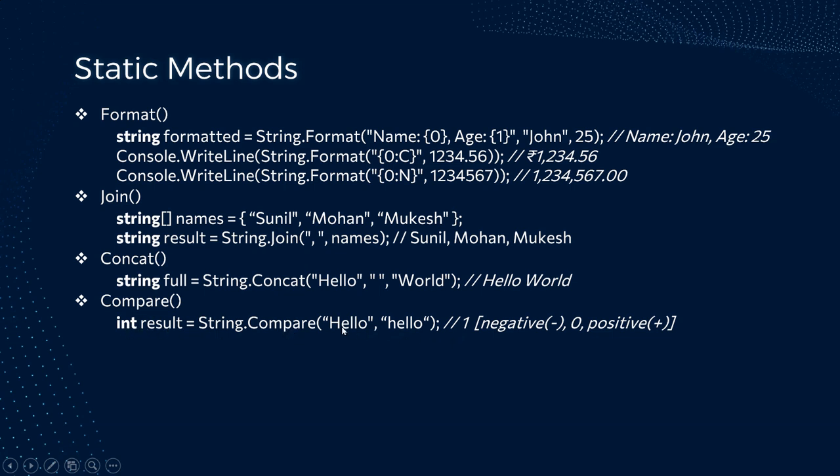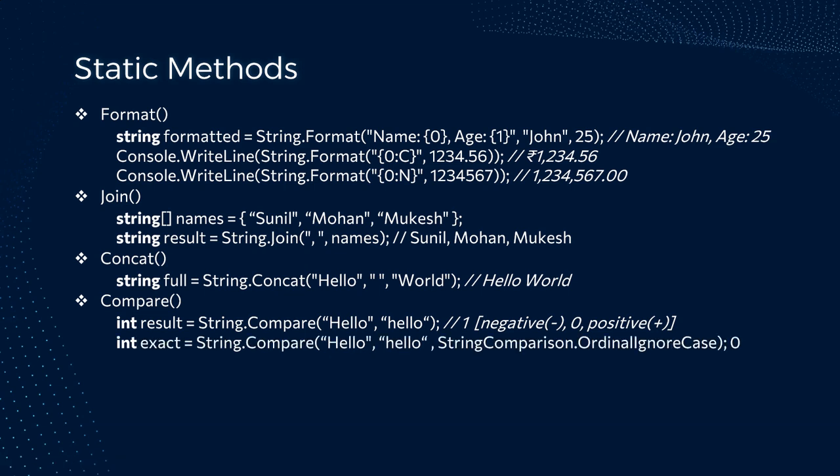Here these two words are case sensitive: the first one is Hello, started with a capital H, and the second one is hello with a small h. So it gives you 1. Depending upon the data it gives you either a negative number, 0, or a positive number. Here it gives you 1 because the two strings are not exactly the same. This is case sensitive.